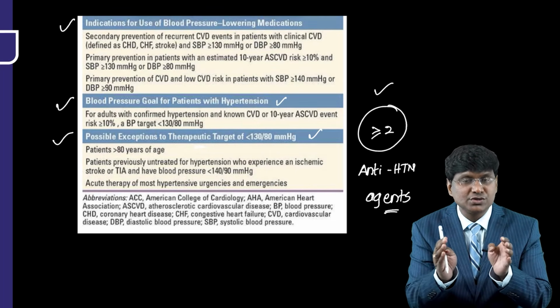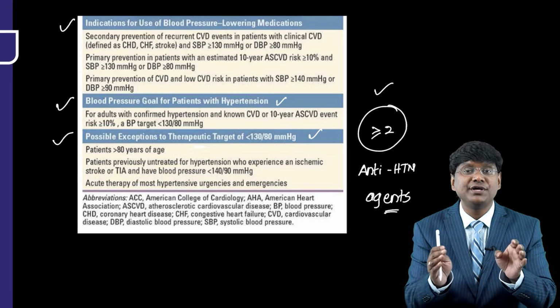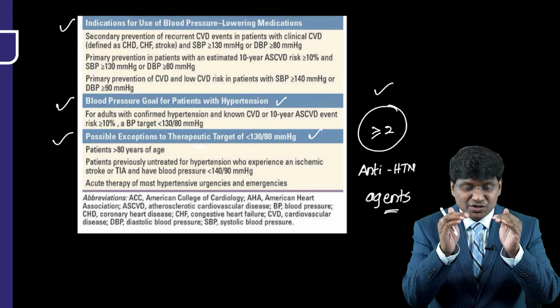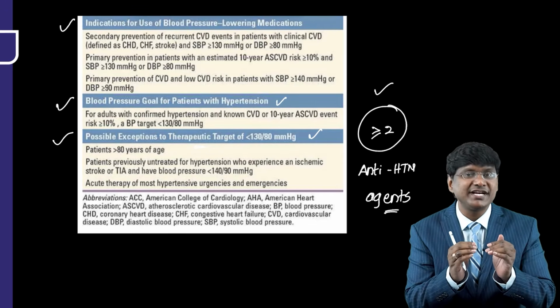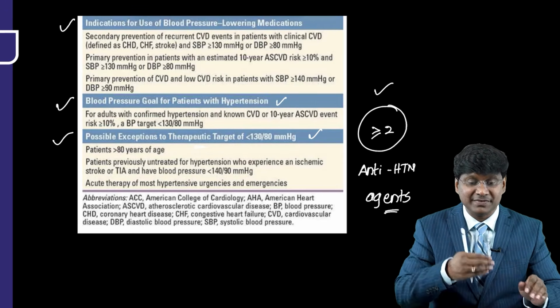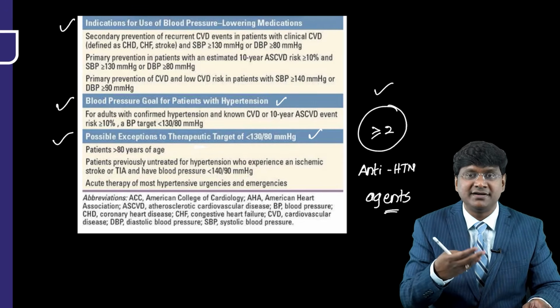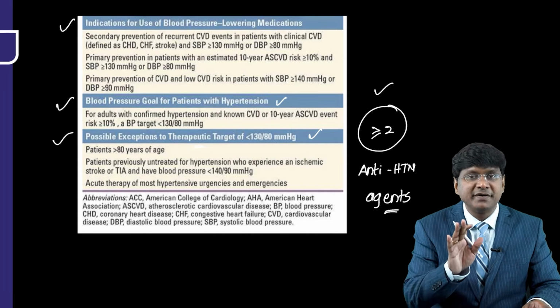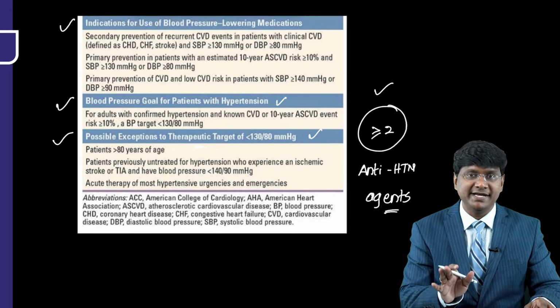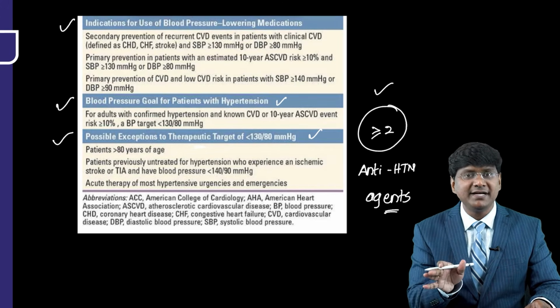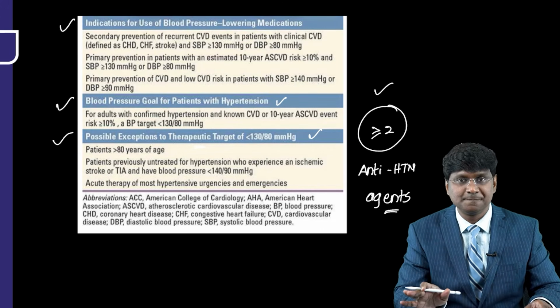Why do you need to use combinations of drugs? Whenever you use combinations, the dosage requirement of each molecule will be less. When the dosage requirement is less, the adverse effects associated with the drugs can be reduced. So preferably it is better to use a combination of agents with different antihypertensive mechanisms, right?